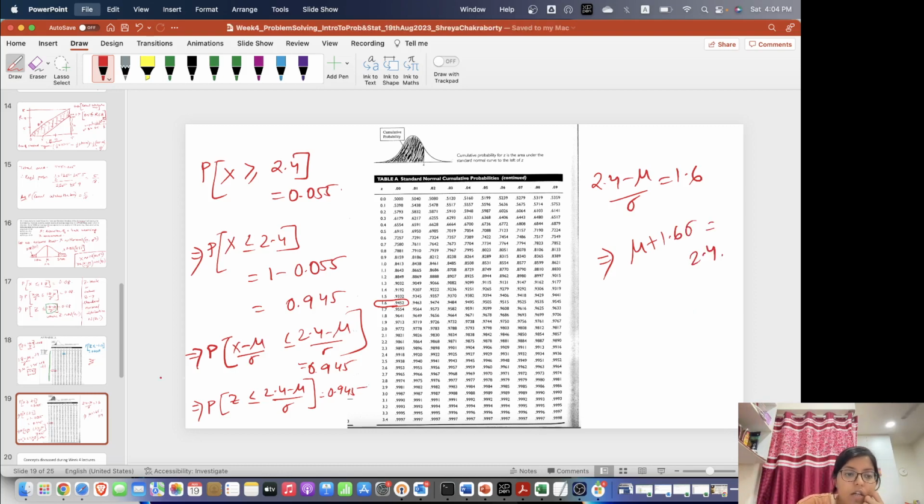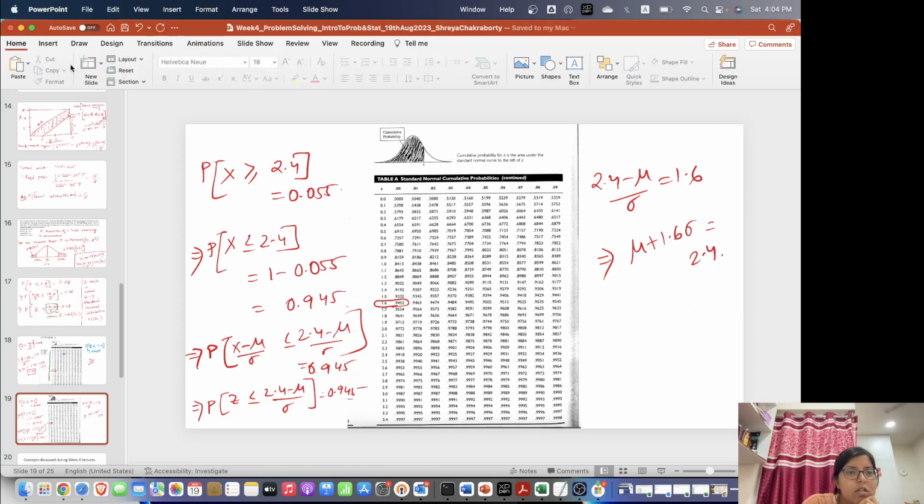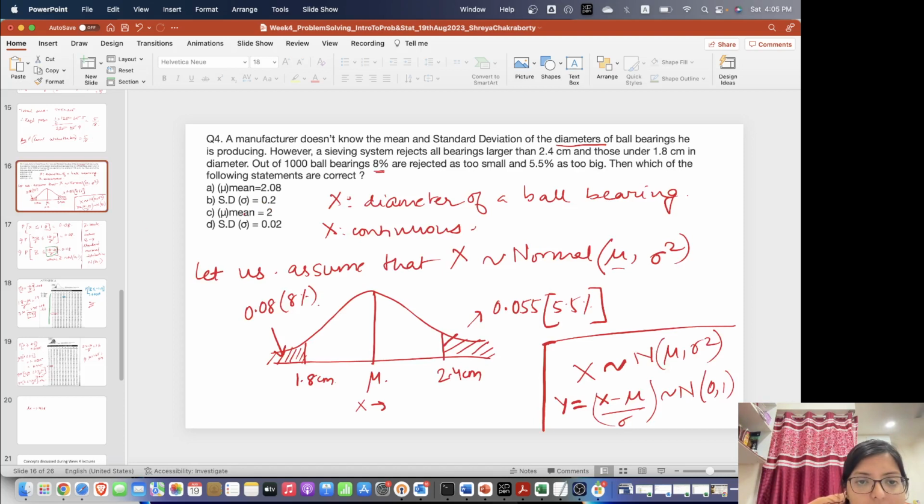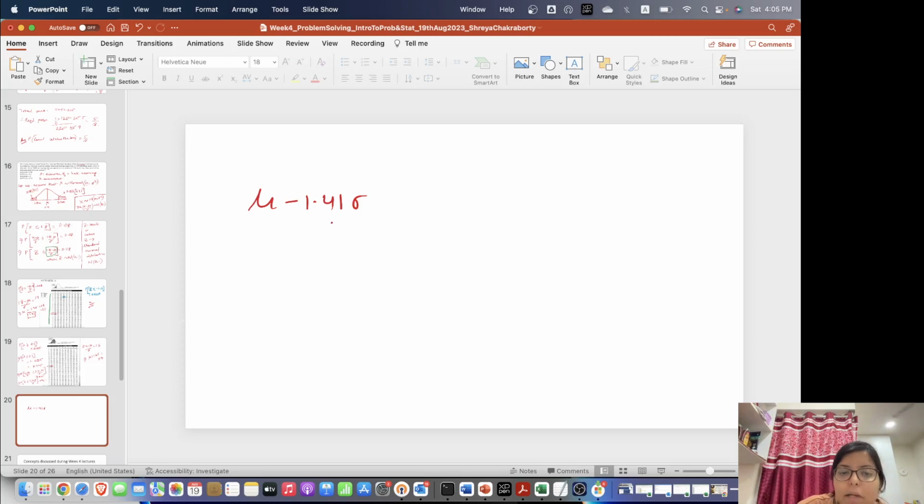Okay. So now we have two equations in two unknowns. What were the equations? The equation was mu minus 1.4 sigma equals, what was the value? 1.8. 1.8, and this is mu plus 1.6 sigma equal to 2.4.